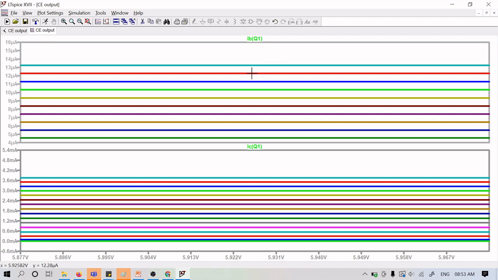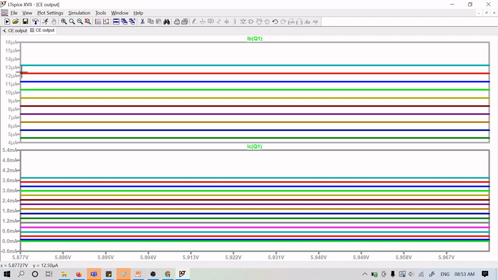I'm keeping the cursor exactly somewhere; you can take any point, wherever is convenient. I want to measure this one and this one, that's all. You can measure from the zero axis, which gives a clear picture.